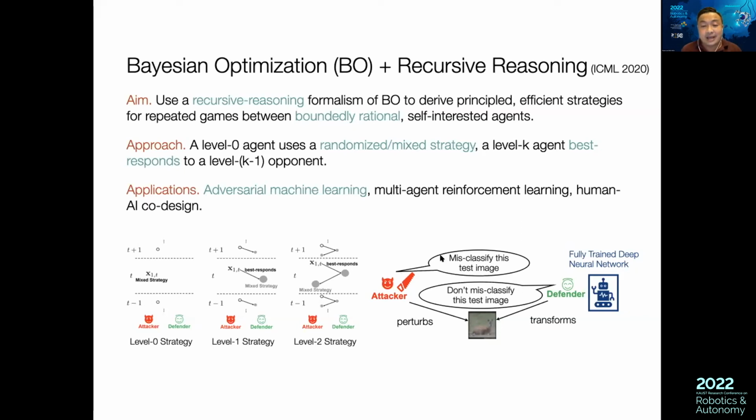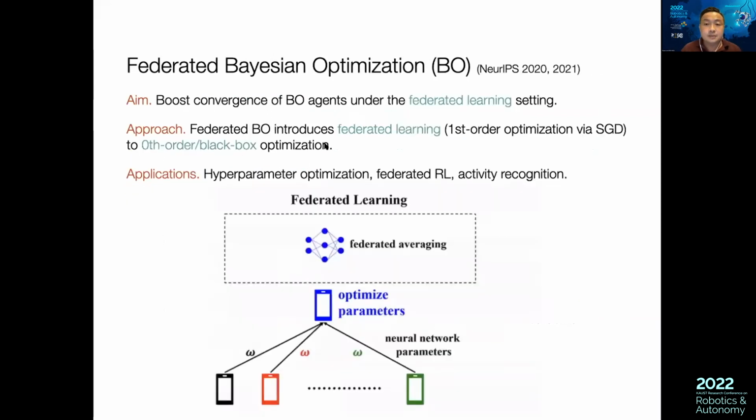Because of that, it became what we call the recursive reasoning formalism, where the attacker thinks that the defender thinks that the attacker would do this. So by incorporating this formalism, it allows us to do optimization in an environment with multiple agents that perform recursive reasoning on each other.